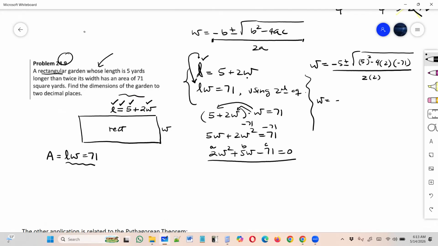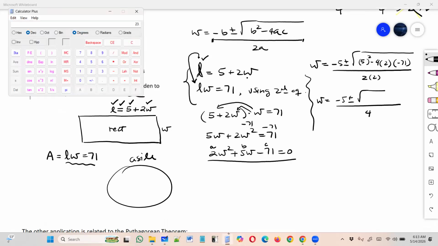All right, so let's see. So minus 5 plus or minus the radical, over 4, right? 2 times 2. Now, the radical, let's evaluate it aside. I'm going to use my calculator. So I have 5 squared is 25, and I have to multiply negative 8 times negative 71, which is going to be a positive.